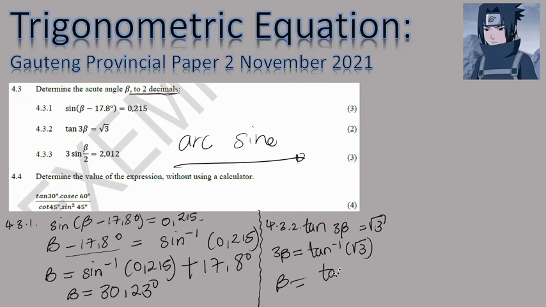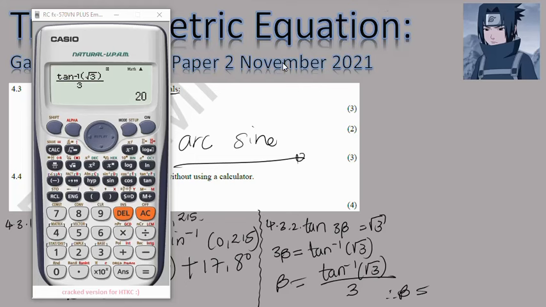My beta is going to be equal to, you don't touch the calculator now, you want to touch the calculator at the end, because the more you touch the calculator, the more you'll make mistakes. So here you divide the side by 3 and you divide the other side by 3. That will give you a beta of, let me use the calculator, that is giving us 20 degrees. You see how easy these things are? There's no struggle here.